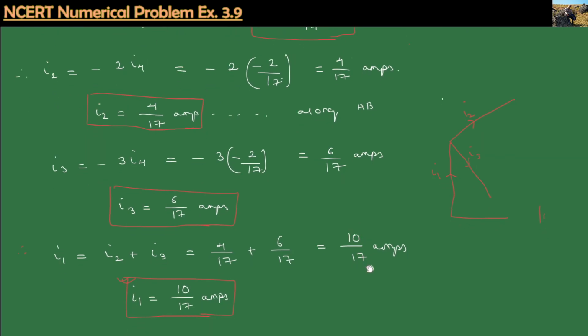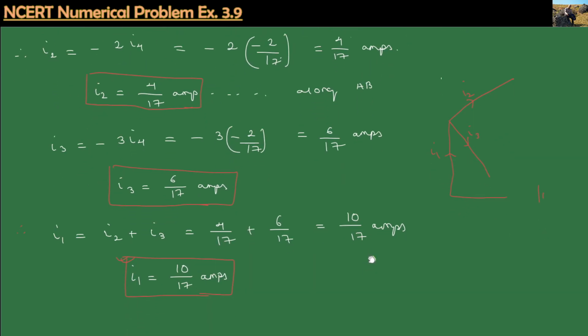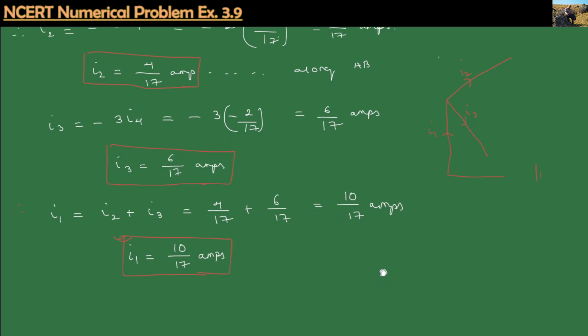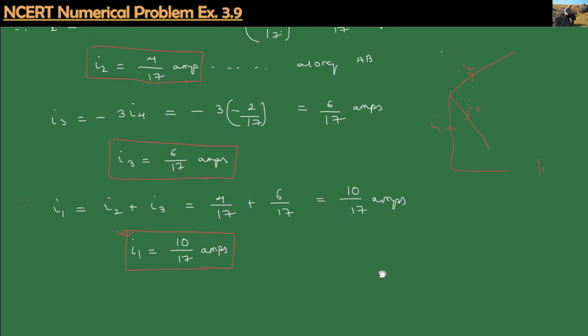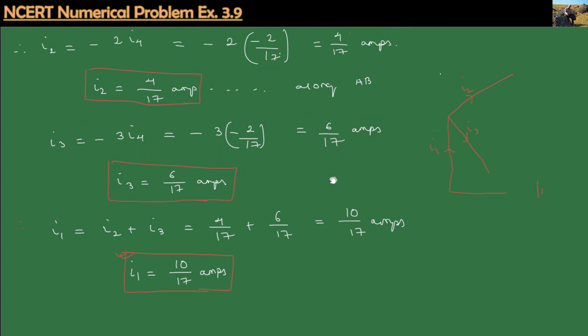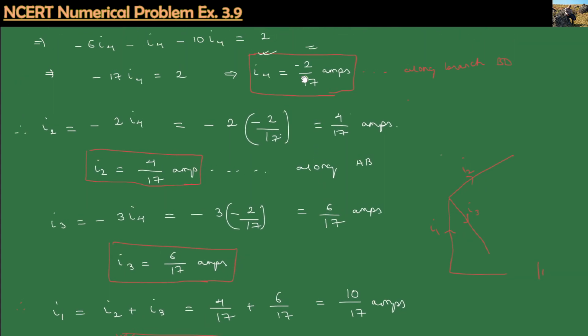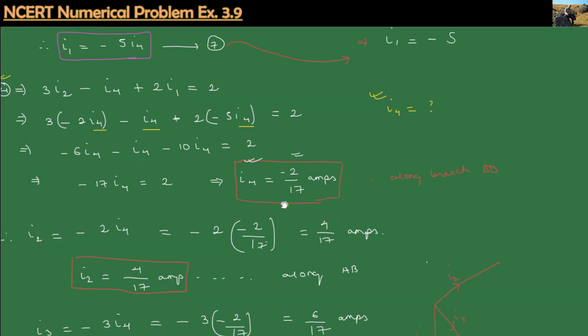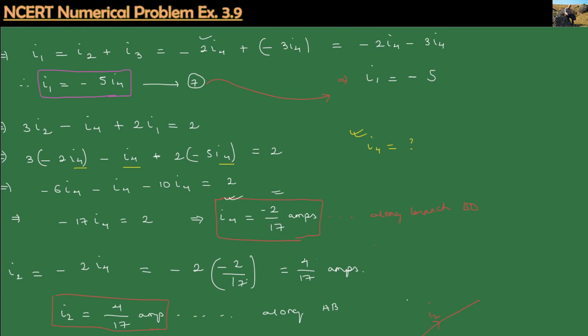Let us first find what is the value of I4. So this is the value of I1, I2, I3, and over here this is the value of I4. I4 will be minus 2 divided by 17 amps.